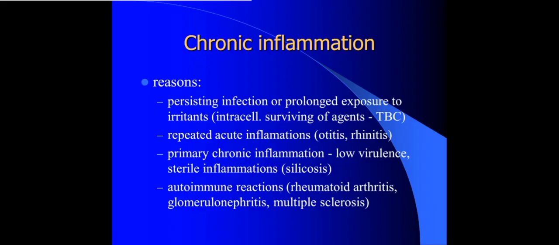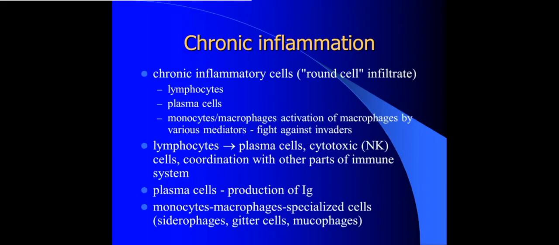They respond to our body by damaging, not by curing. That is known as autoimmune reaction, and examples are multiple sclerosis and rheumatoid arthritis. In primary chronic inflammation, low virulence means low pathogen capacity is present.